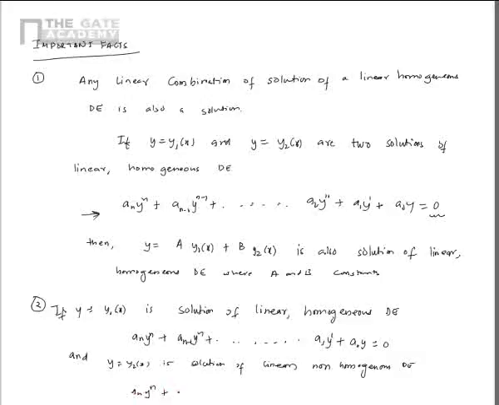So basically the linear non-homogeneous equation will have the same left-hand part as this, so the only difference is in the right hand side.